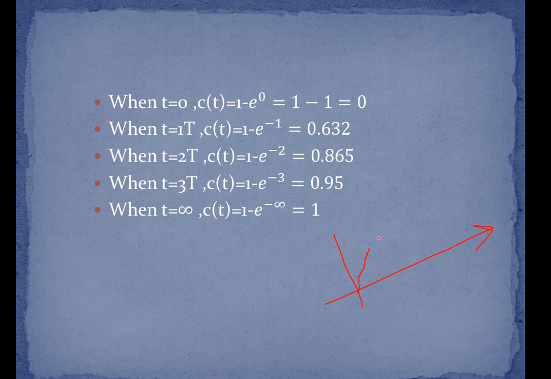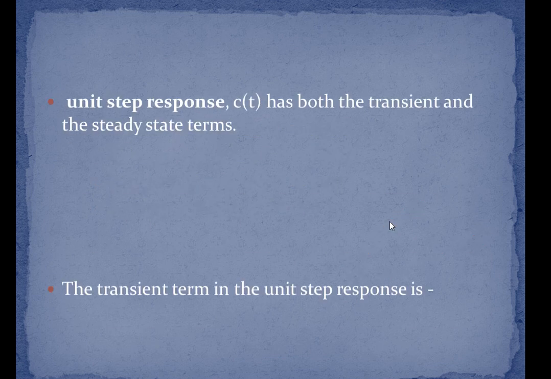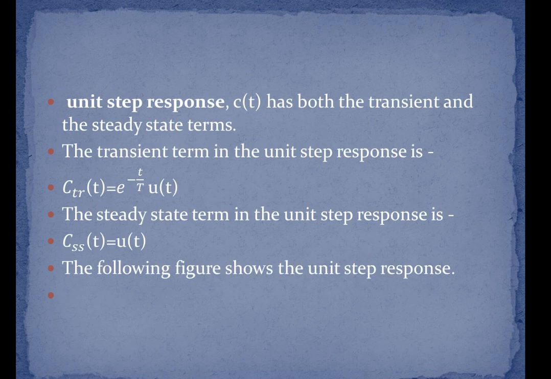At t equal to 2 tau it is 0.865. At t equal to 3 tau it is 0.95. And after that, as t increases it will be constant. So if you observe this response, I am showing you clearly. So this is the response.